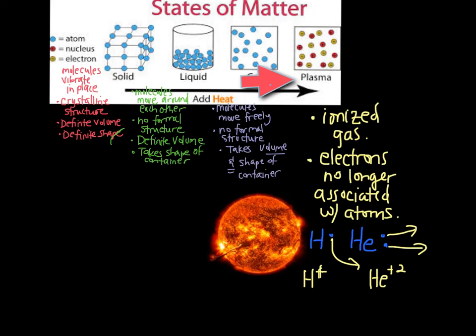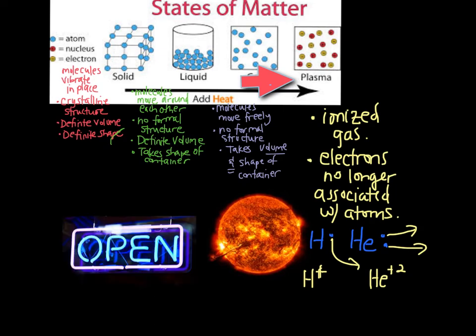You also find plasmas here on Earth in neon, like neon lights. So the gas inside of a neon light is actually neon gas that's been ionized. So it's electrons, it has 8 of them, have kind of just left the building and left behind neon with a charge.